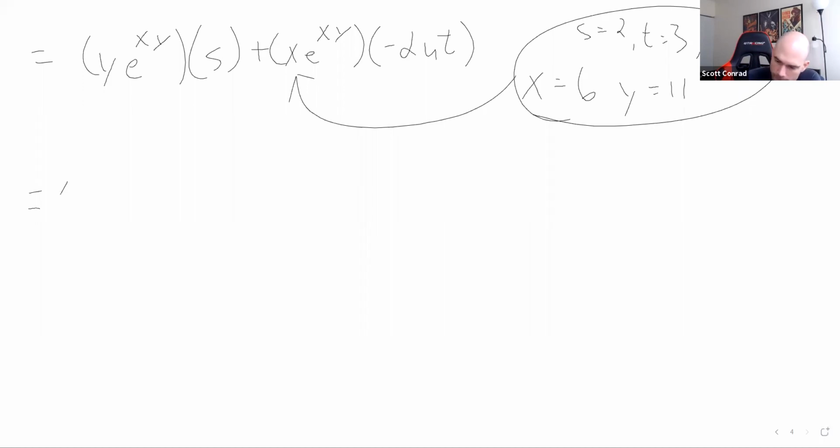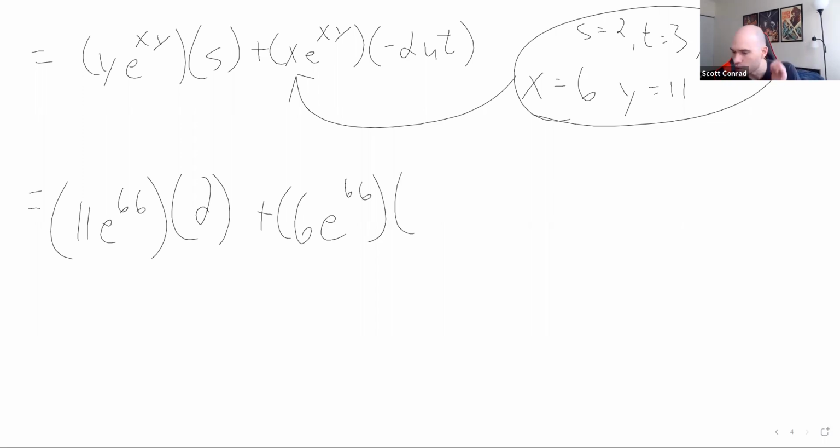So we get y e to the xy becomes 11 e to the 6 times 11, which is 66, times s, which we said is 2, plus x e to the xy becomes 6e to the 66. Negative 2ut becomes negative 2 times negative 1 times 3, becomes positive 6. So we get 22e to the 66 plus 36e to the 66.